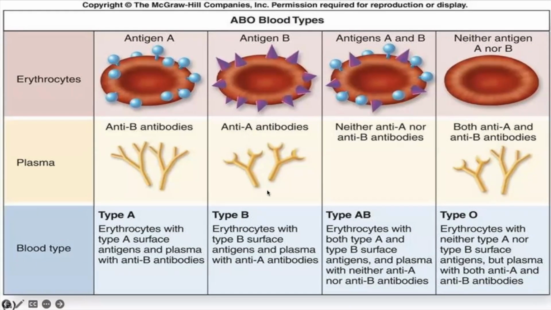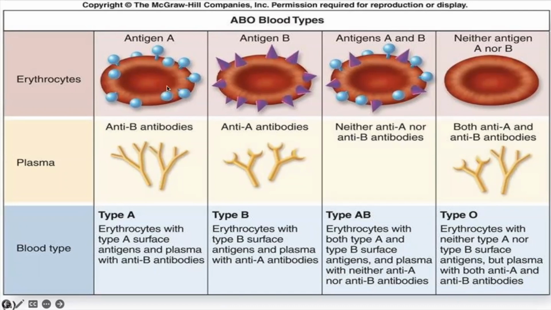But here's the interesting thing. In the plasma in your blood, remember we said that our lymphocytes produce antibodies. So if you have antigen A on your red blood cells, your antibodies should be anti-B antibodies.